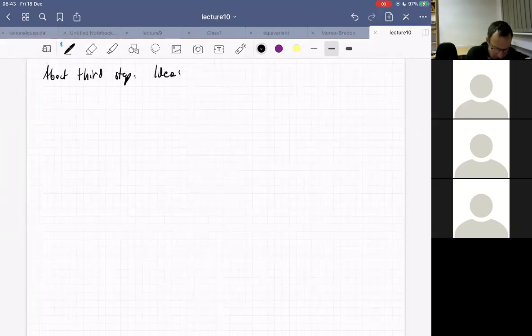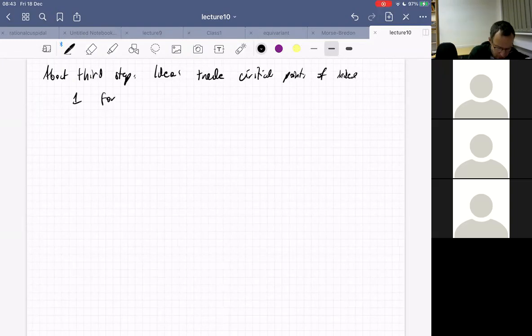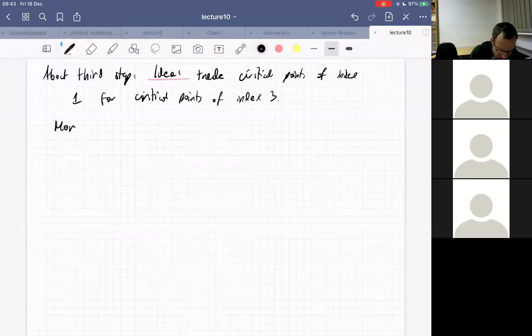So the idea: trade critical points of index 1 for critical points of index 3.